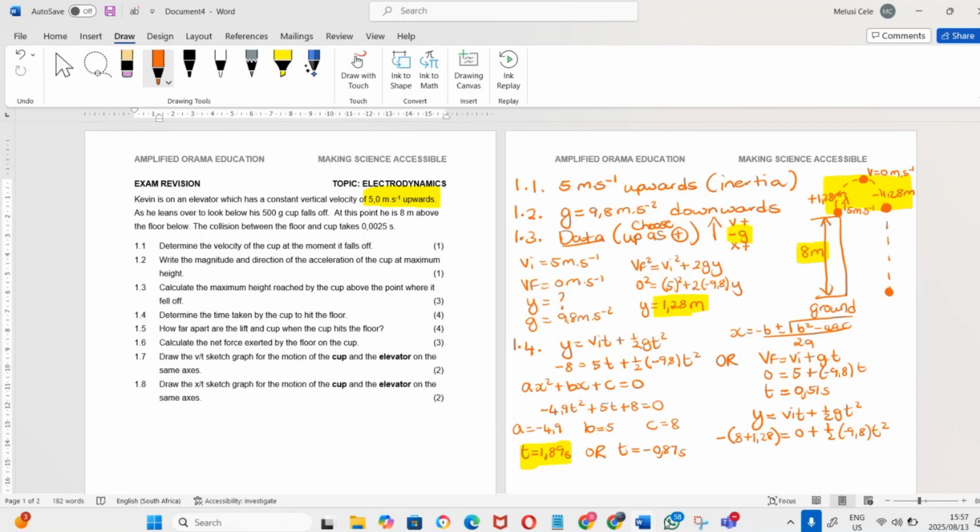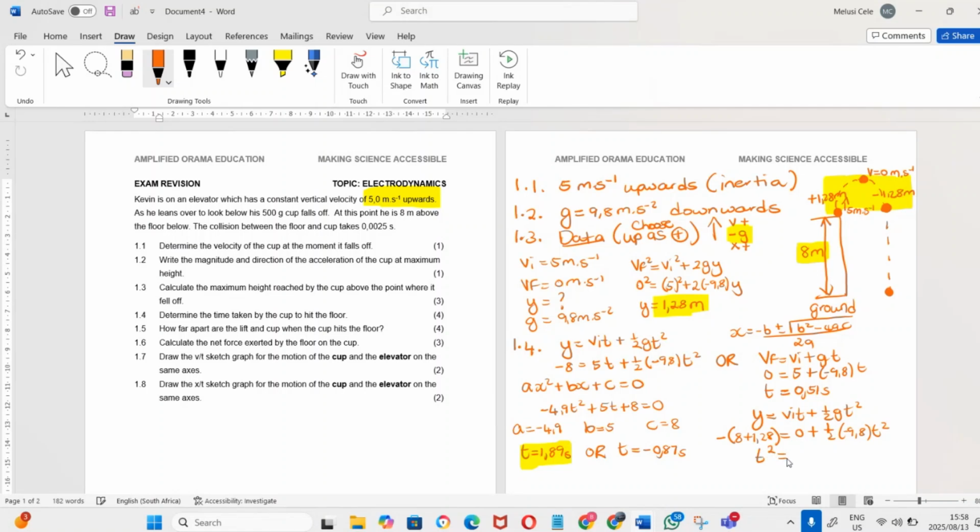Okay, let me do this. Then we divide by that 4.9. So what I then get now is 1.89 for t squared.